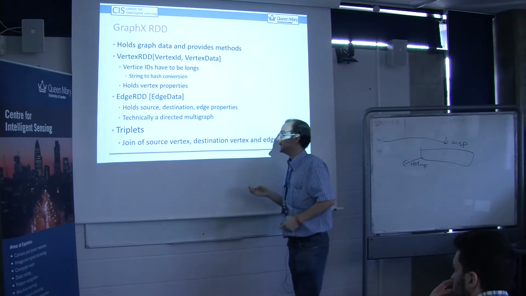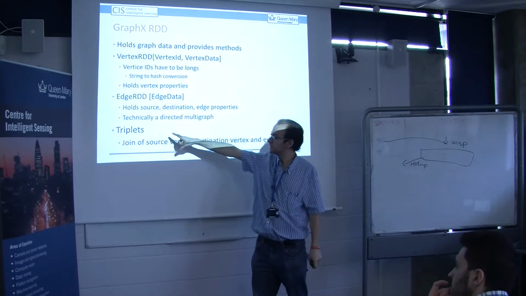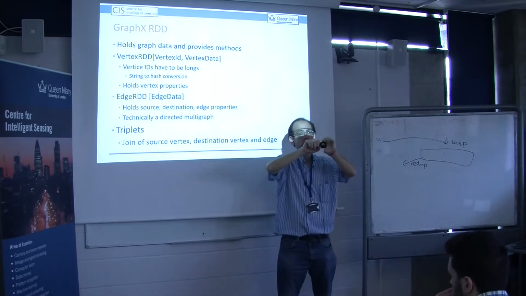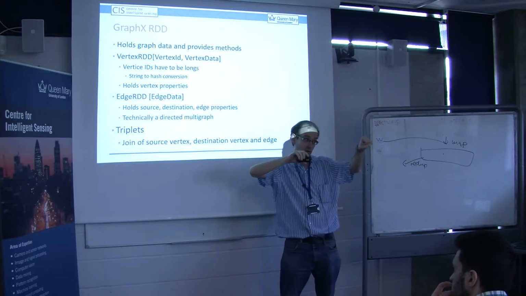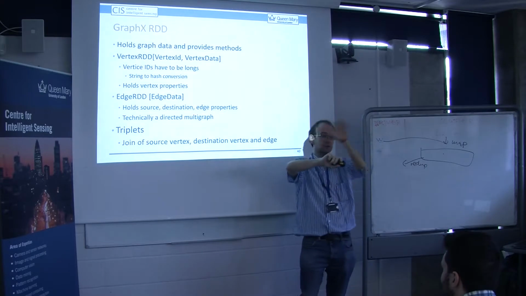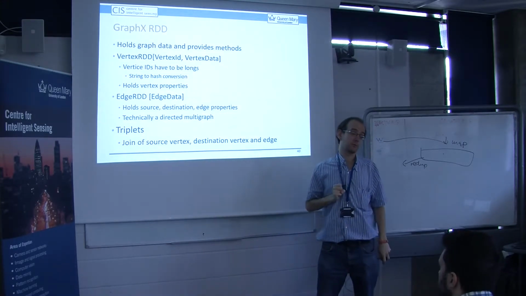And in some of the actual methods, GraphX also defines this idea of a triplet, which is basically the joining of source vertex, edge, and destination vertex, so that we can simultaneously access all of those properties.